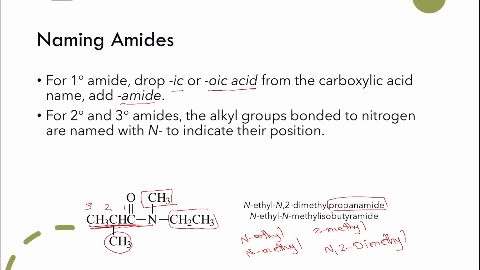So the final name will be N-ethyl-N,2-dimethyl propanamide. We started with ethyl because of the alphabetical order. We have to arrange the substituents according to the alphabetical order. So we start with ethyl and then methyl. Ignore the di completely when you do the arrangement. And then the parent name will be propanamide.